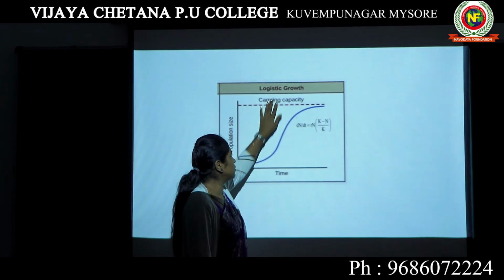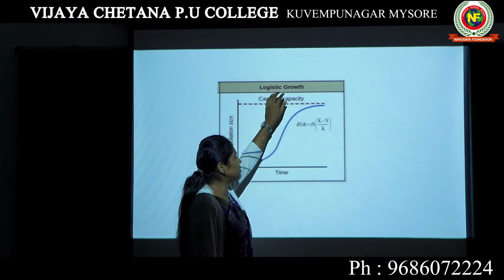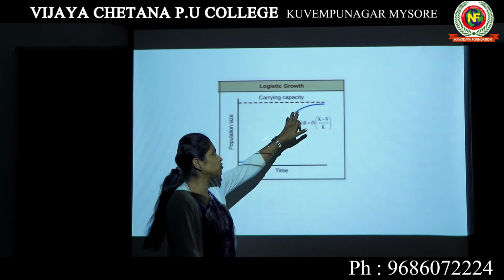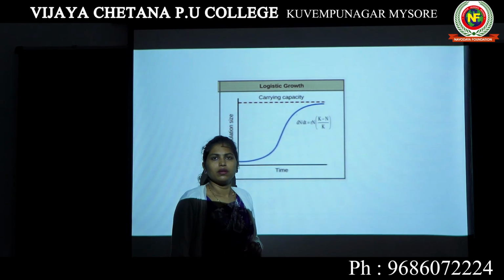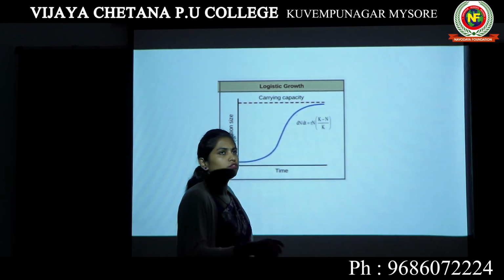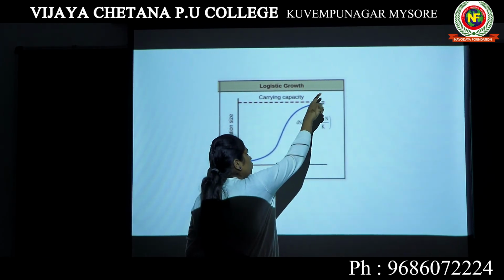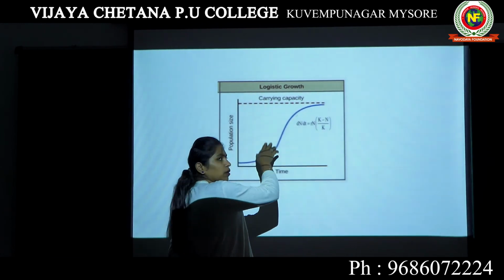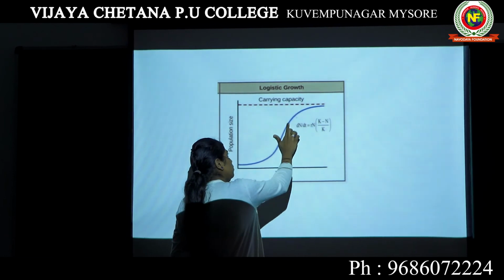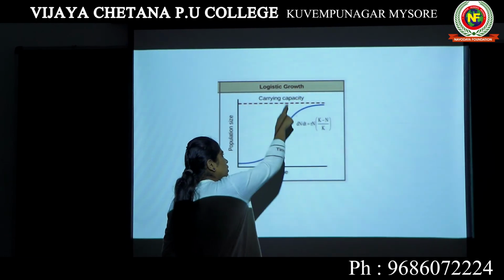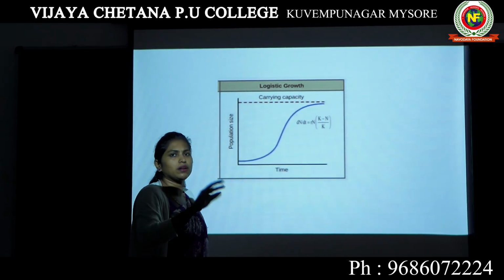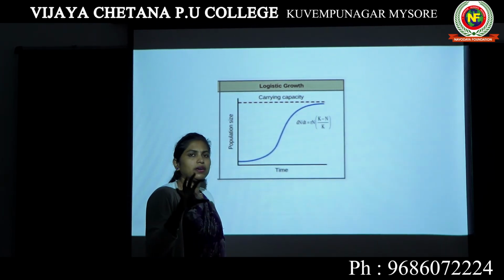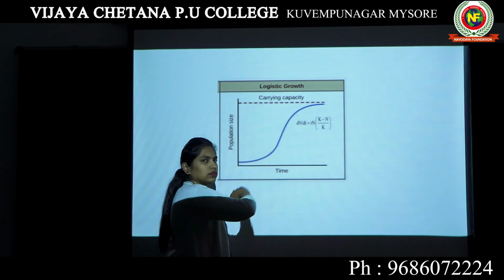Till the carrying capacity, the bacteria will grow. When the carrying capacity is reached, there is no more growth because the resource becomes limiting, so the population size does not increase. In the case of exponential growth, the population size kept on increasing because there were unlimited resources. Here there is limited resource, so there is a carrying capacity.